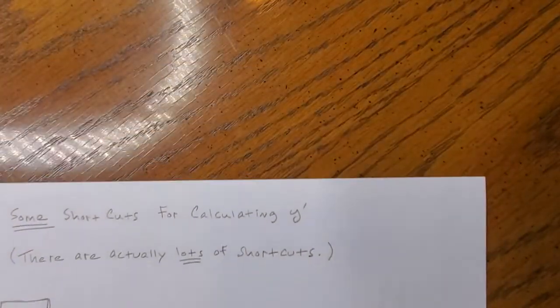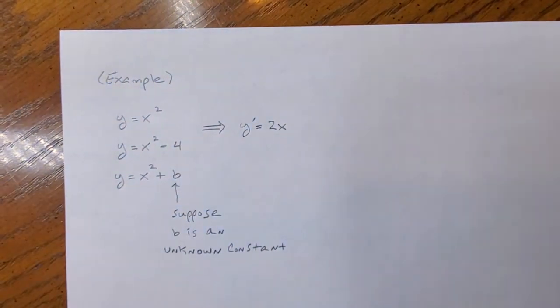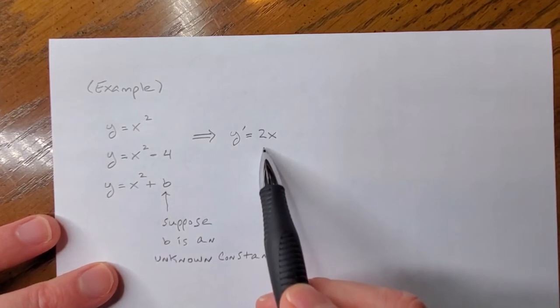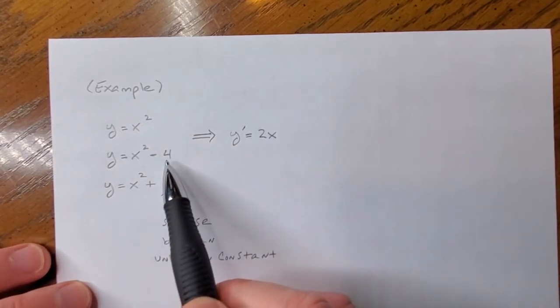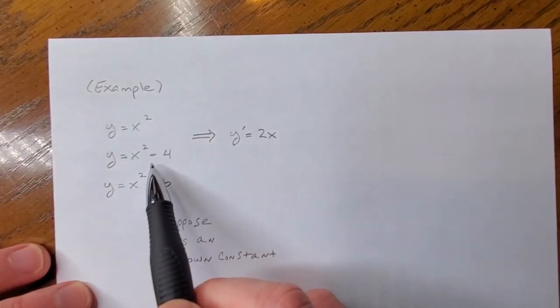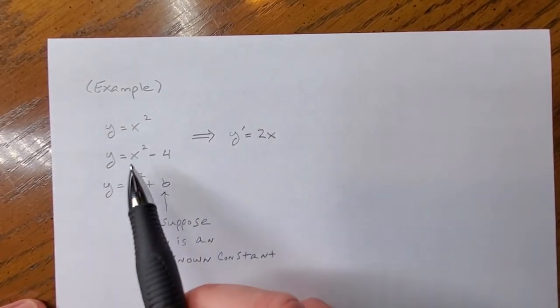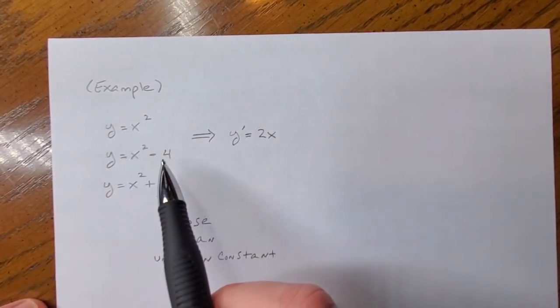It's not hard to show you some examples. For example, if y was x squared, the derivative of that is 2x. But this is that curve with a vertical shift down 4 units, so it's going to have the same derivative. It's like x squared plus negative 4, if you wanted to see it like that.